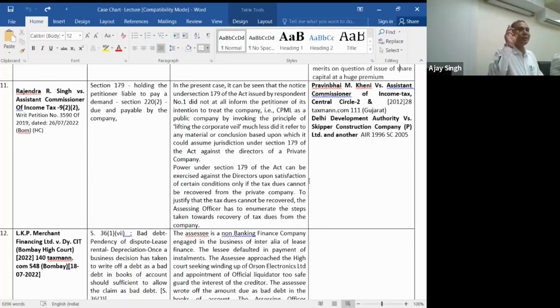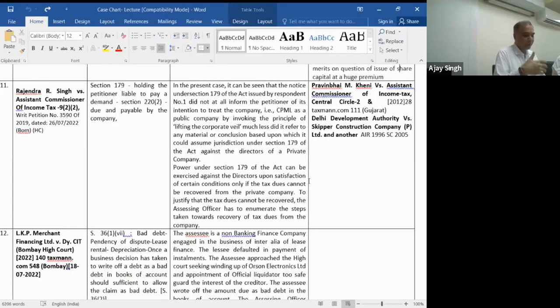They said no, it is a private limited company and belongs to a particular group, and they tried to link the common directors. This fact was also not put before the director in the 179 proceeding, that they wanted to lift the corporate veil and treat the particular company as a private limited company.